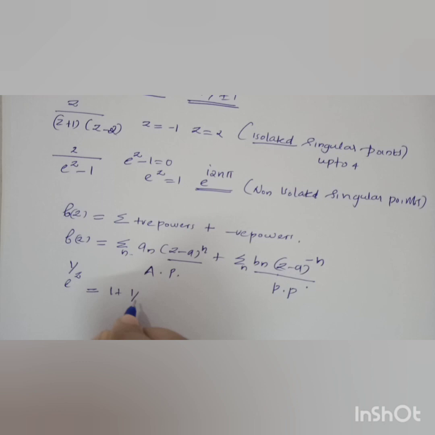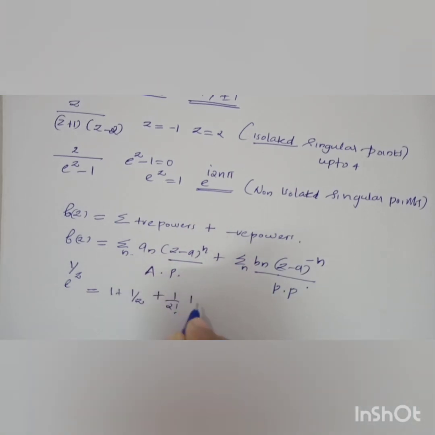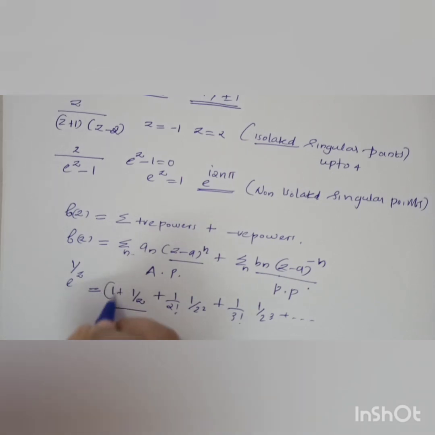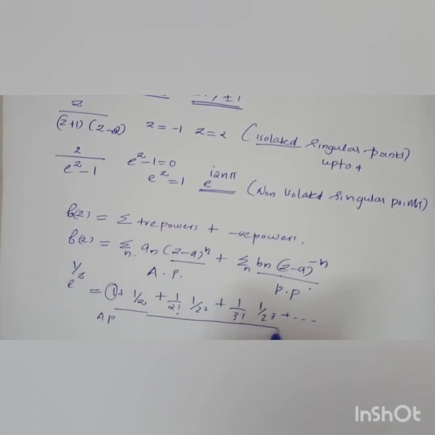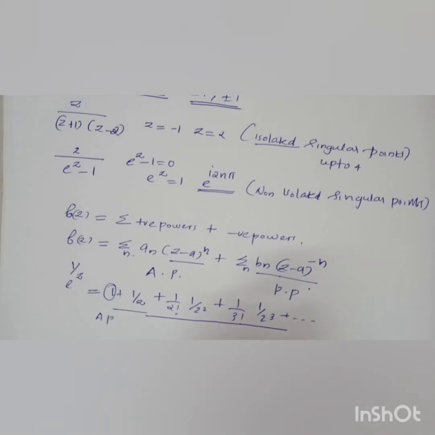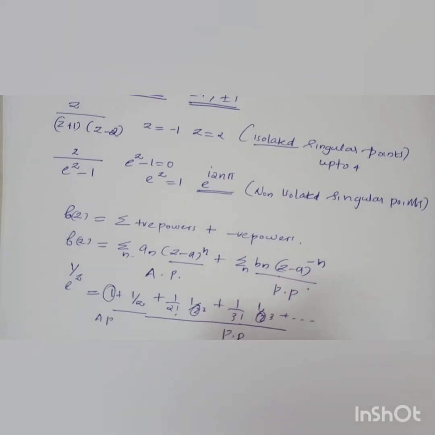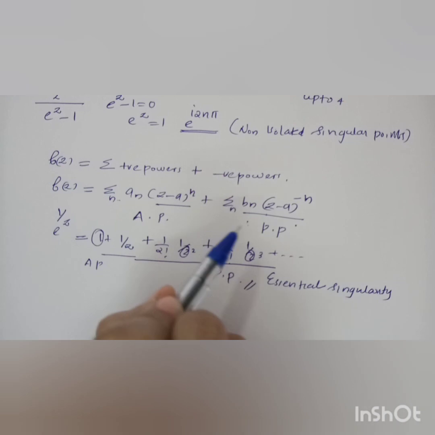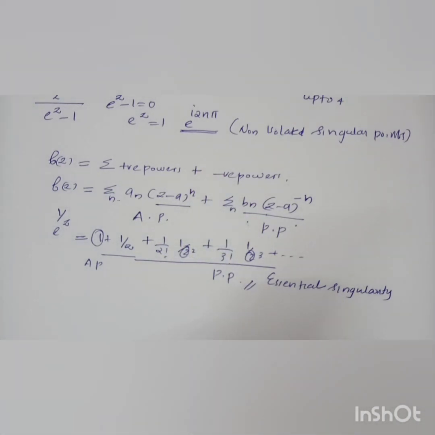So here we get 1 plus 1 by z plus 1 by 2 factorial 1 by z square plus 1 by 3 factorial 1 by z cube plus, etcetera. Here the 1 is the analytic part, and the numerous terms which have z in the denominator form the principal part. So the principal part contains an infinite number of terms, and this is known as an essential singularity.